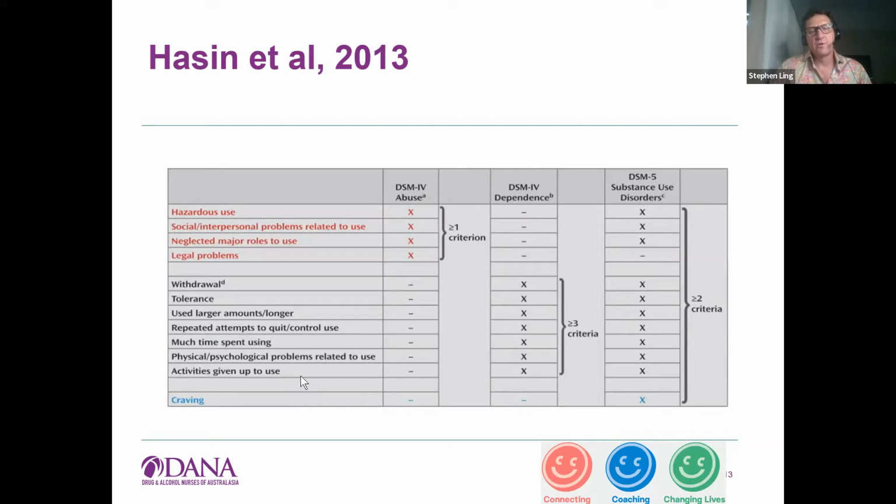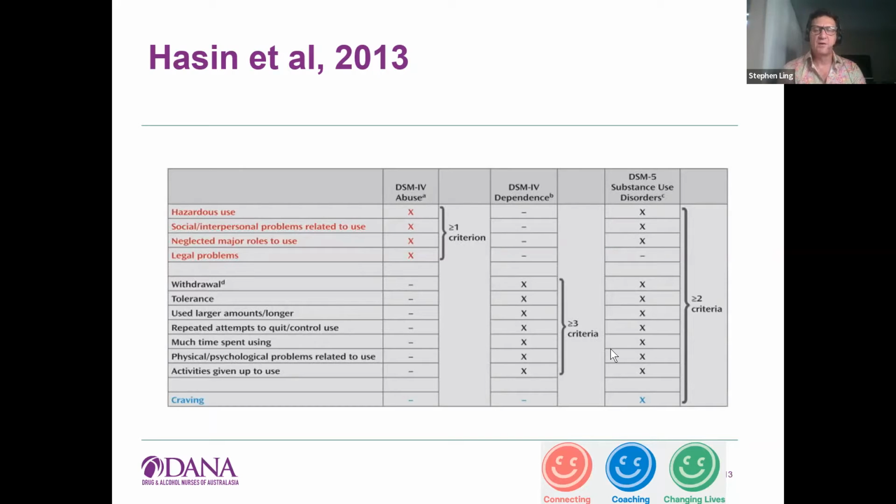When we look at criteria for abuse, we're looking at one or more criteria of either hazardous use, social or interpersonal problems related to alcohol, neglecting major roles as a result of alcohol use, or having legal problems associated with alcohol. But for dependence, 3 or more criteria of withdrawal from alcohol, developing tolerance to alcohol, using the drug in larger amounts or for longer than first intended, having repeated attempts to quit or control use of drinking, spending more time than first intended using the drug, or having physical, psychological problems related to use, or giving up important activities associated with using alcohol.